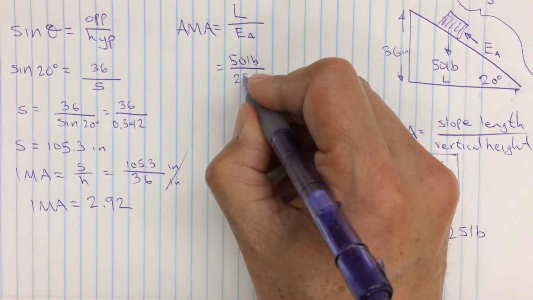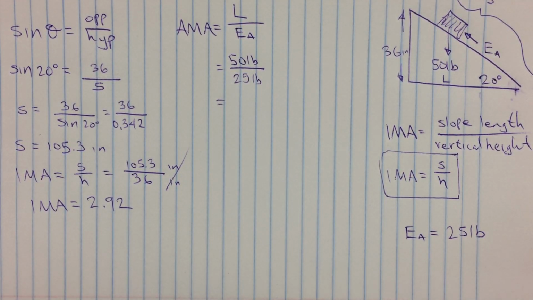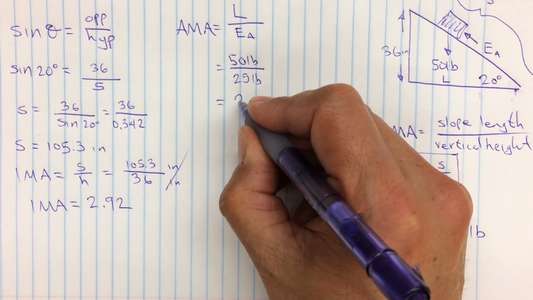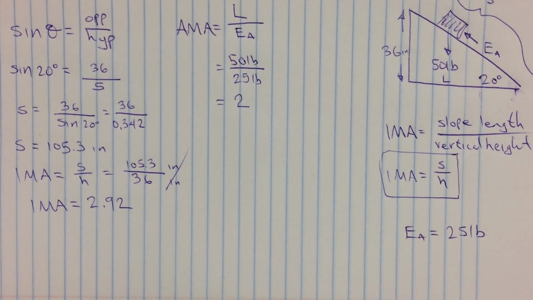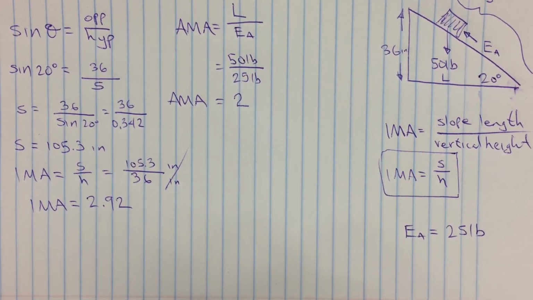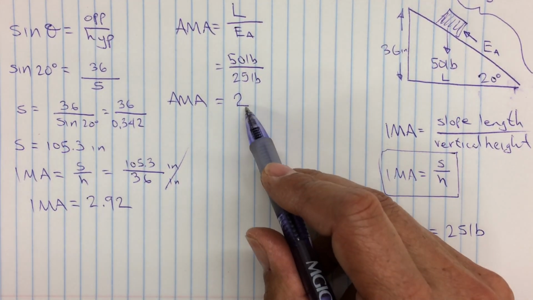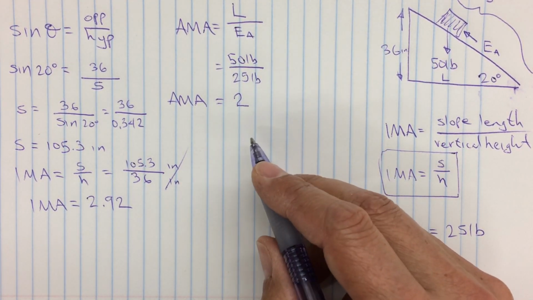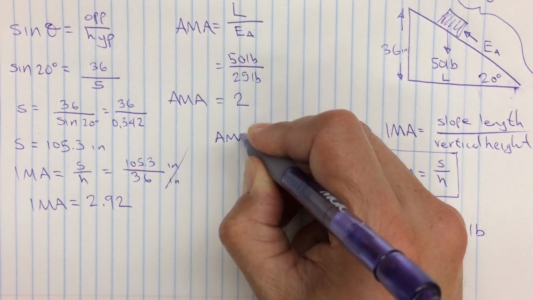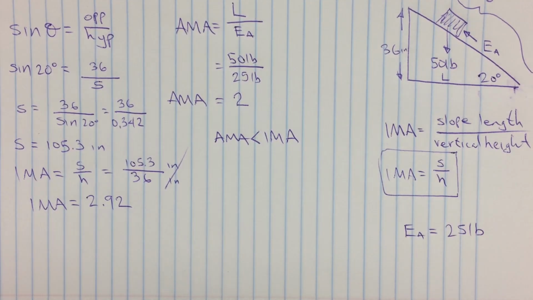So if you put 25 pounds in here, then the actual mechanical advantage of this thing is 2. So even though the ideal mechanical advantage is 2.92, which is more, AMA is always going to be less than IMA.